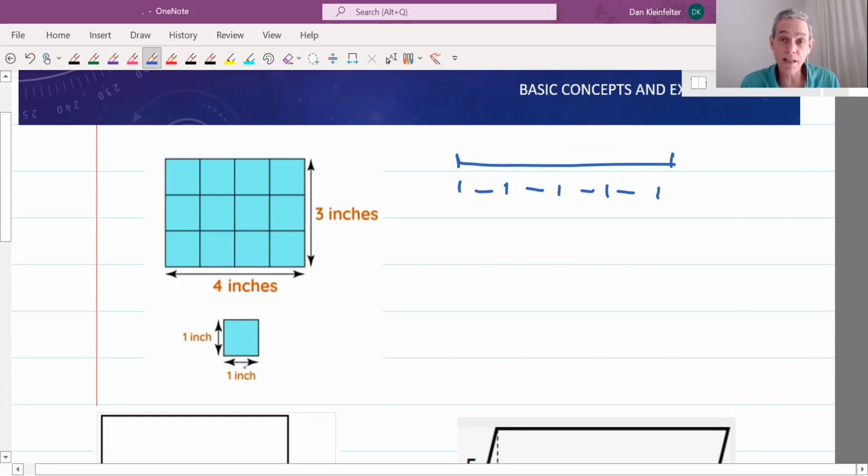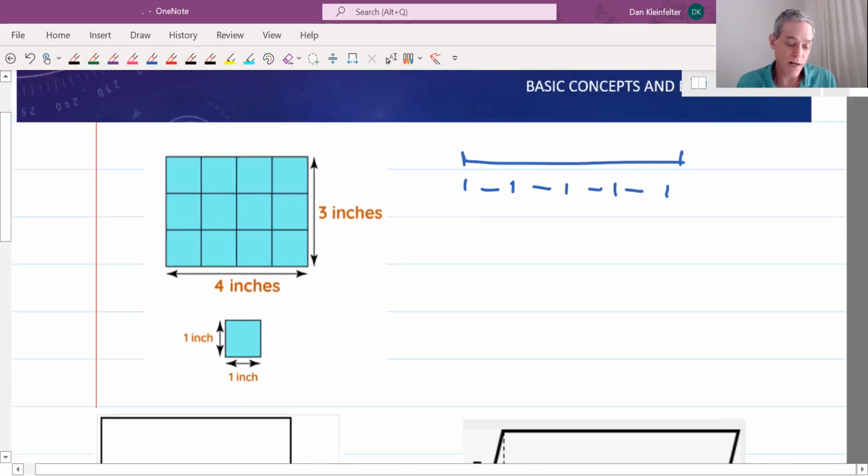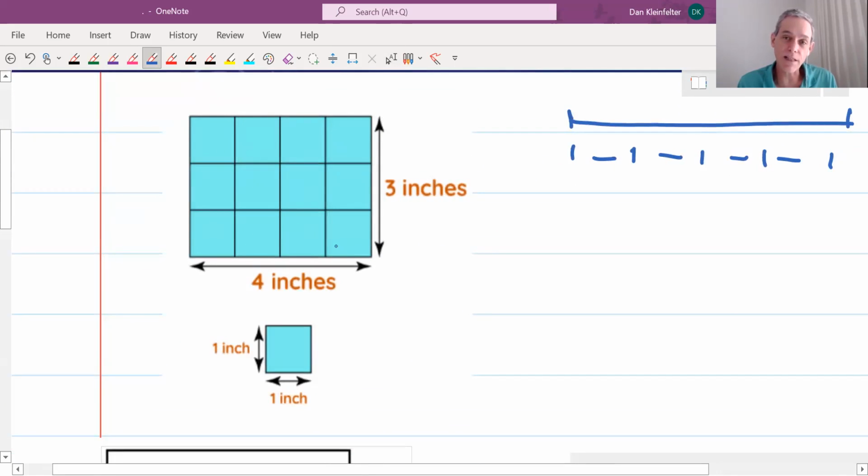We would count repetitions, again, of this known unit, a square inch, and see how many of them it takes to equal the area inside of this rectangle. To count those up, as you can see from the drawing, there are 4 of those squares in each row, and then there are 3 rows, and so 4 times 3, as you know, is 12.